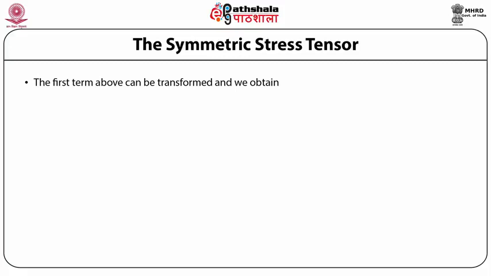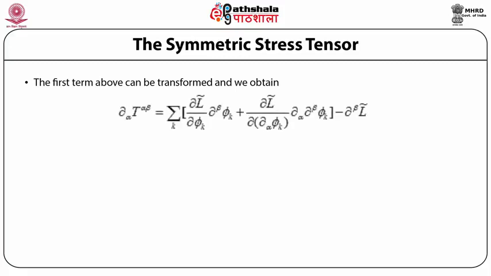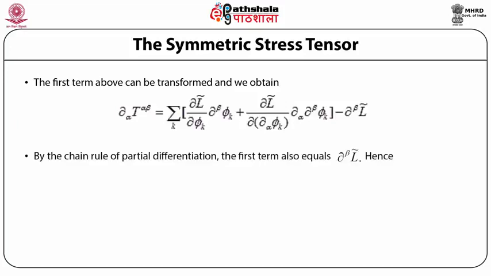The first term above can be transformed and we obtain ∂_α T^{αβ} = Σ_k [(∂L/∂φ_k) ∂^β φ_k + (∂L/∂(∂_α φ_k)) ∂_α ∂^β φ_k] − ∂^β L. By the chain rule of partial differentiation, the first term also equals ∂^β L, and hence ∂_α T^{αβ} = 0.